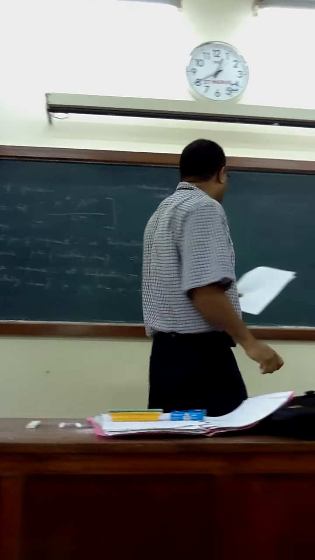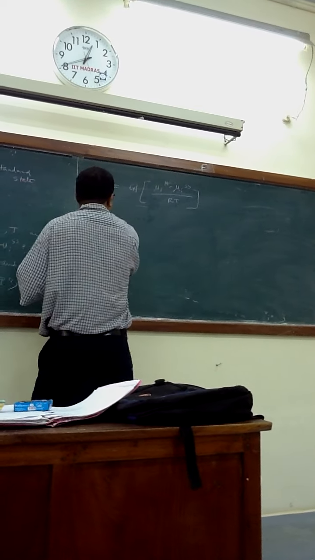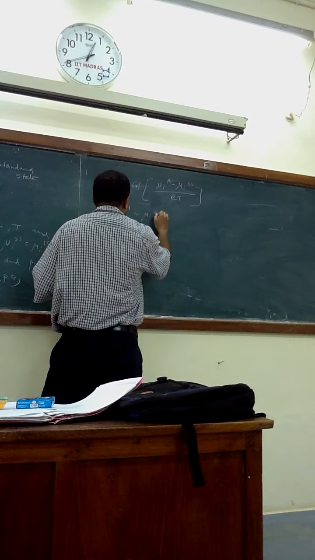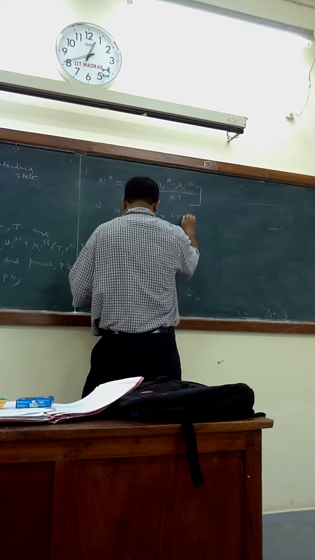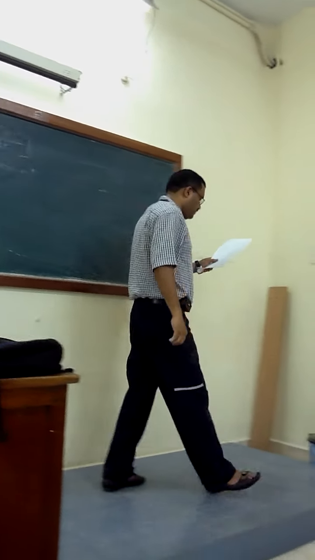We have the activity formula, a_i^M, which is exponential of mu i mixture minus mu i SS by RT, and we can write this as mu i M equals mu i SS plus RT ln a_i^M. M is mixture.